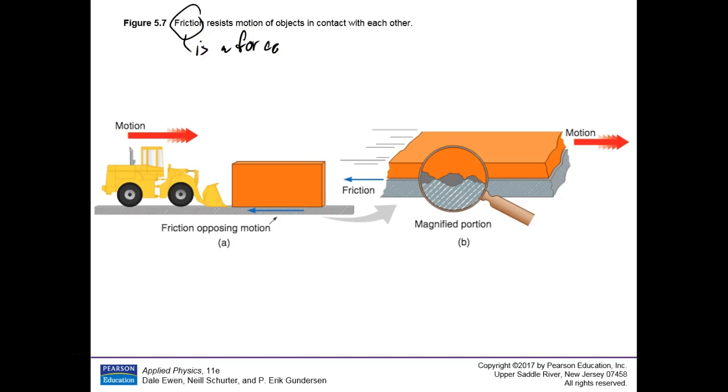Friction is a force that resists the relative motion of two objects in contact, this is important, in contact with each other.